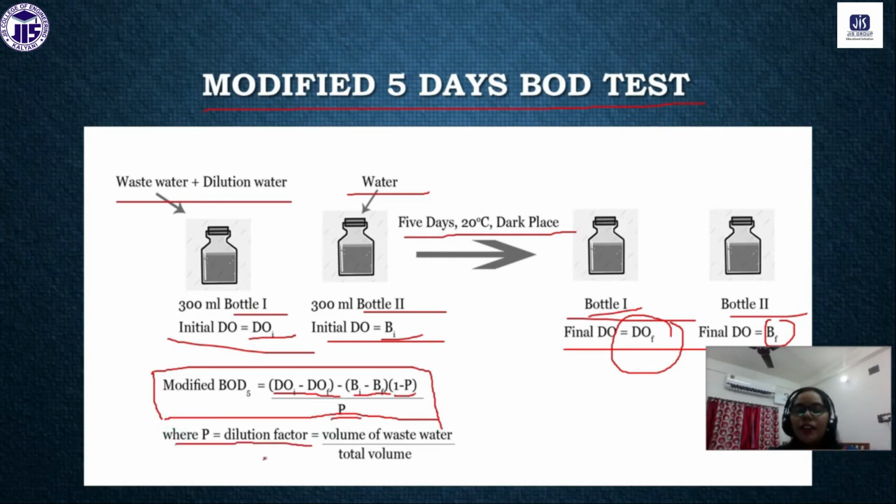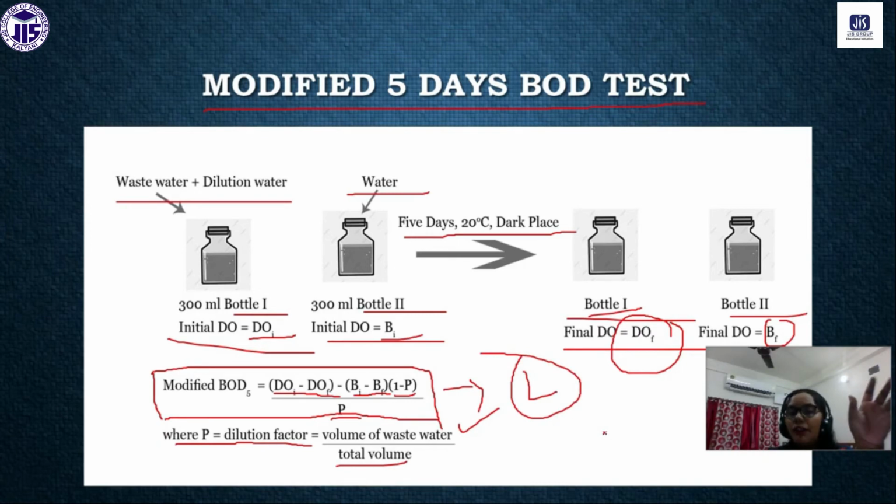As we have diluted our wastewater sample here also, this dilution factor will be incorporated, and it equals the volume of wastewater divided by total volume. Understand? So this is the value of P. Now look at this second equation. The first equation we already got from the previous 5 days test, and this is the second equation that we have got from the modified test.